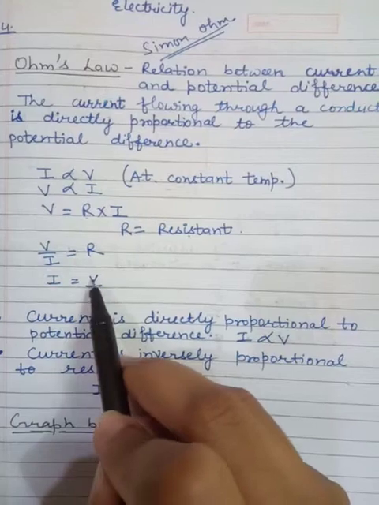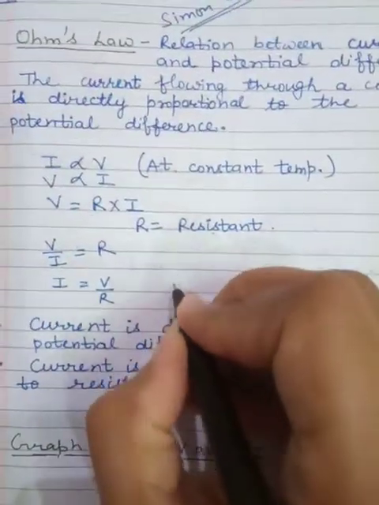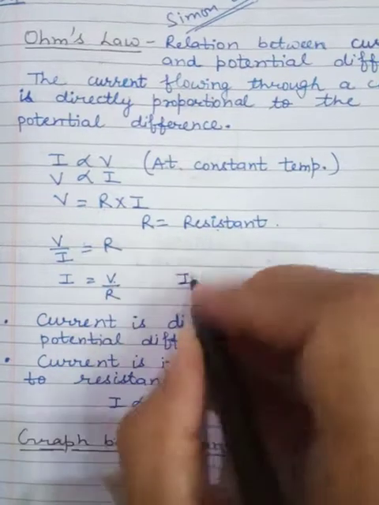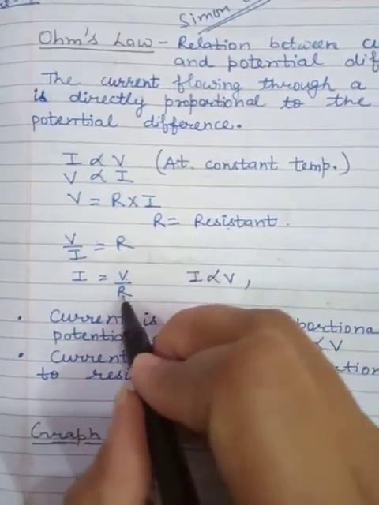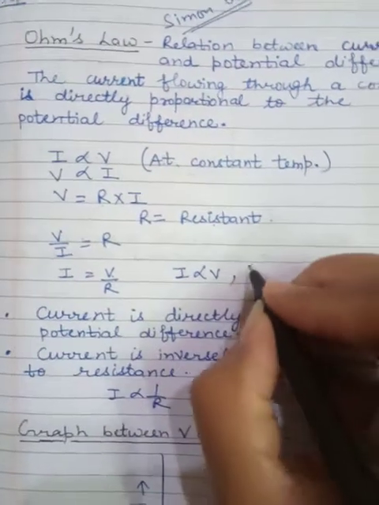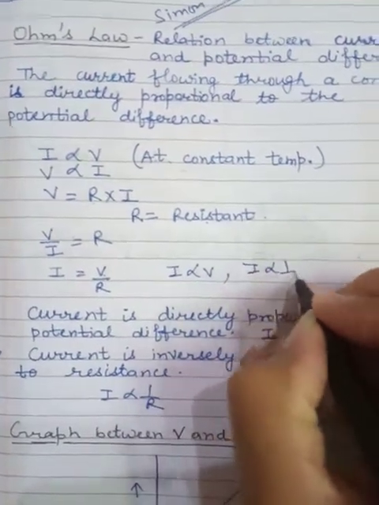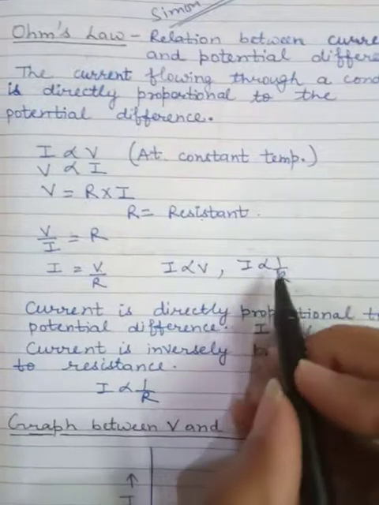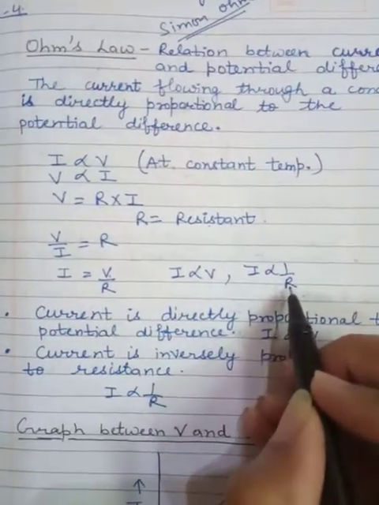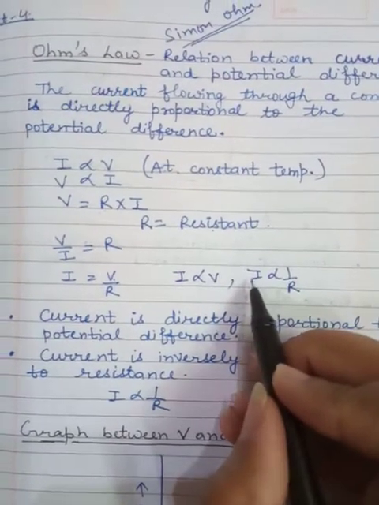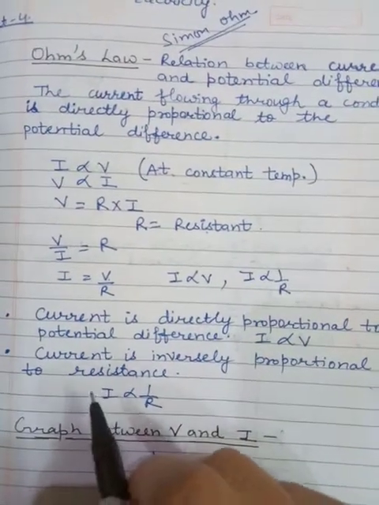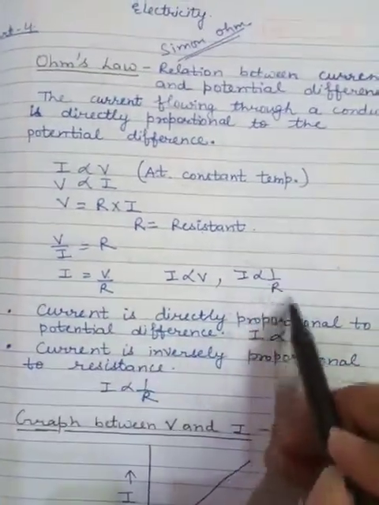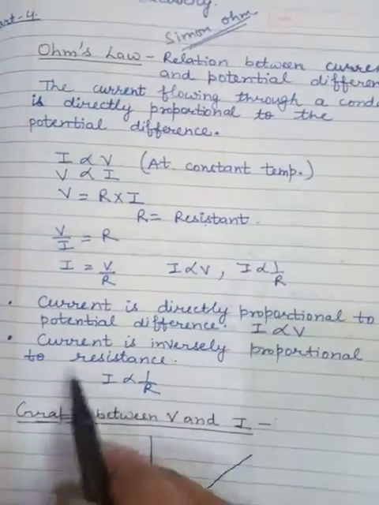I is equal to V by R. So it indicates that I is directly proportional to V, while in the divided form, I is inversely proportional to the resistance. Inversely proportional means when the resistance is more, the current is less, and when the resistance is less, the current will be more. We will discuss this term resistance after this topic.